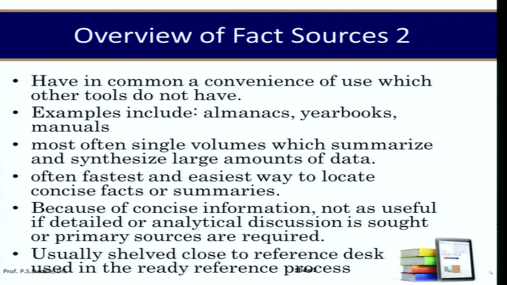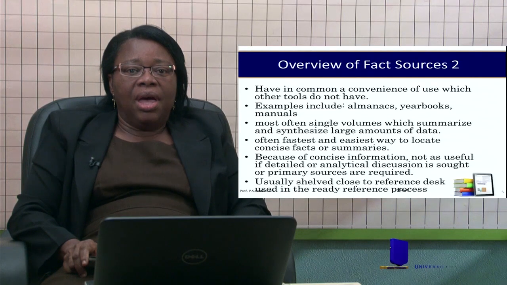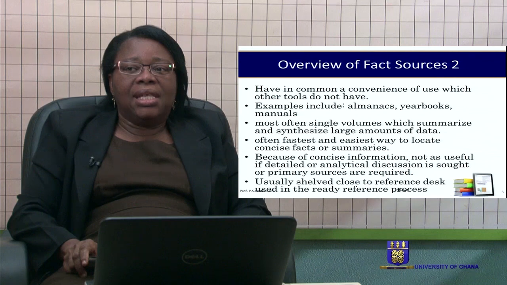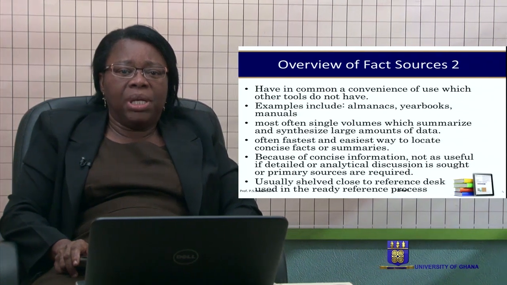So fact sources have in common convenience of use. They just give you the information that you need briefly. No long, detailed write-up. They are most often in single volumes. So you'd have an almanac which is in a single volume, and they summarize and synthesize a lot of information.